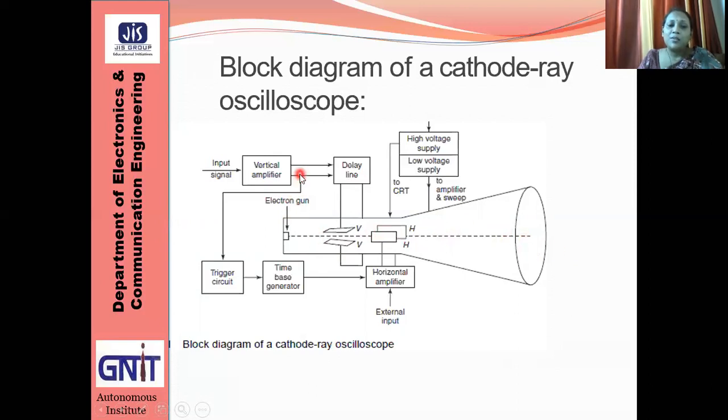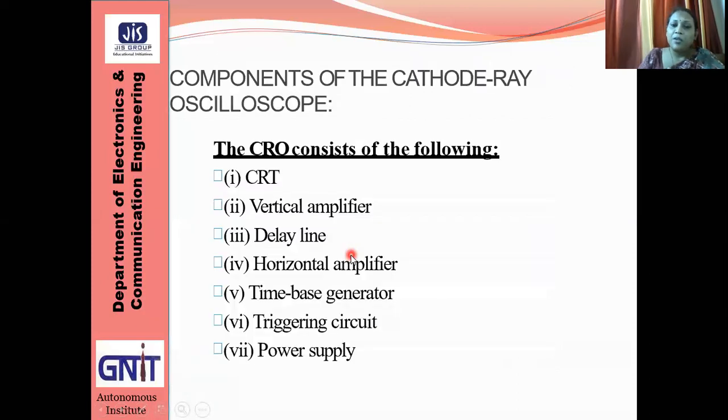But the circuit here is the trigger circuit and time-base generator. There is a delay. The signal that is passing through this section will always have a propagation delay. So for proper synchronization of the signal in the vertical plates and in the horizontal plates, a delay line has been incorporated in this circuit. So this is the function of the delay line.